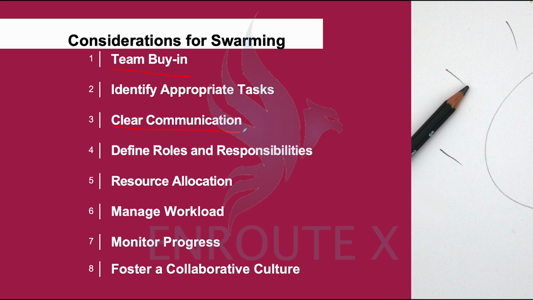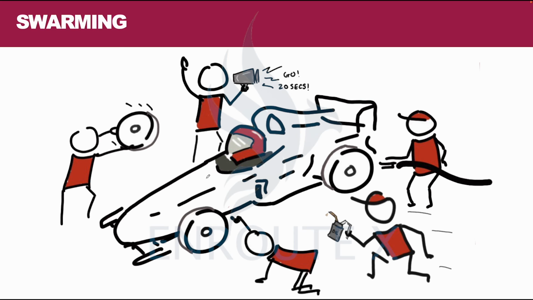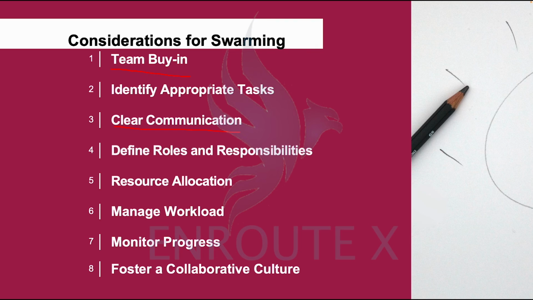Mind you, in the picture we saw earlier, they are all doing different things. It is not that when one person is moving here, another person is encroaching in that same direction. So you need clear communication. Then, of course, you need to define roles and responsibilities so there will not be clashes. And of course, you want to allocate your resources appropriately.